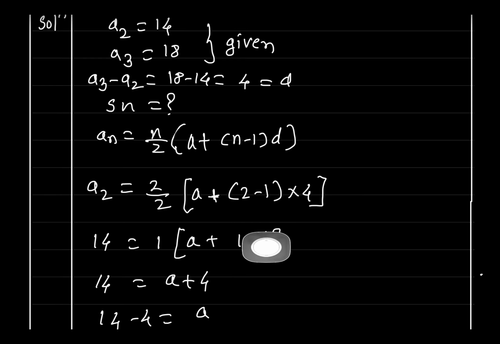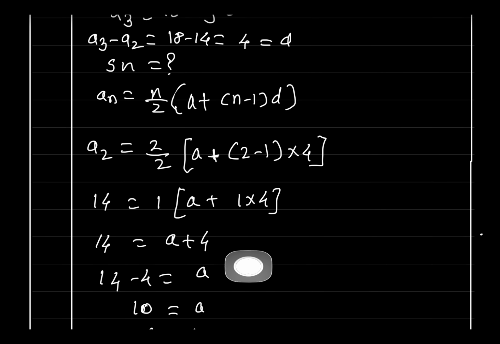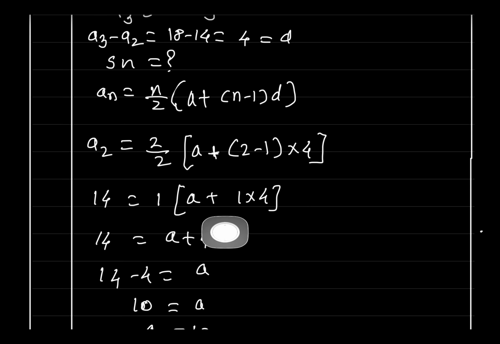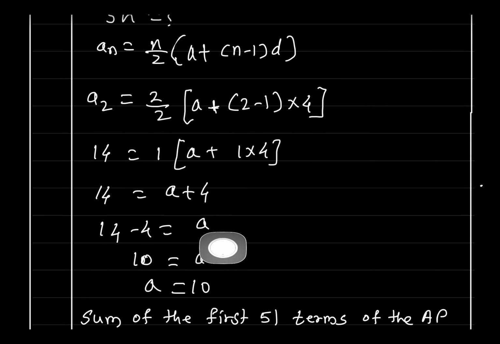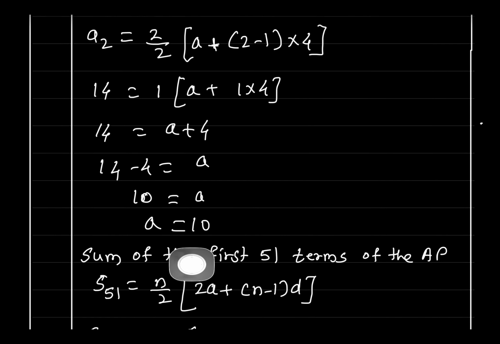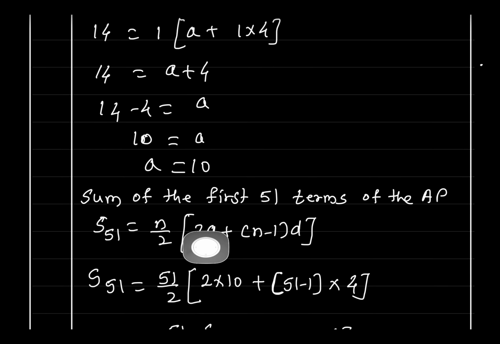So 14 equals 2 upon 2 means 1, again a as it is, plus 1 multiplied by 4. So 14 equals a plus 4.